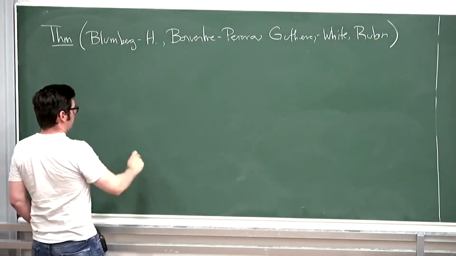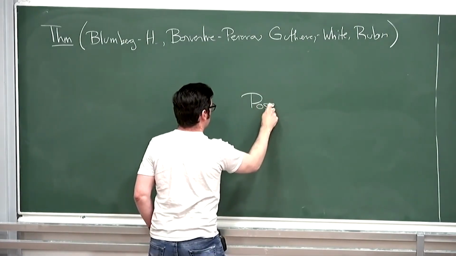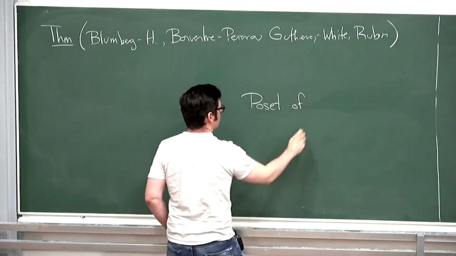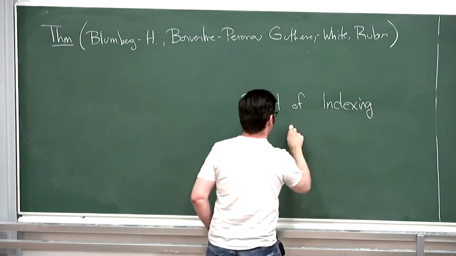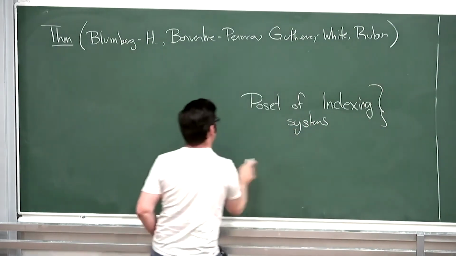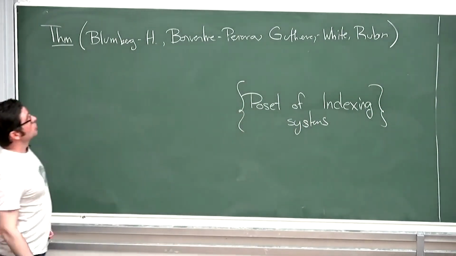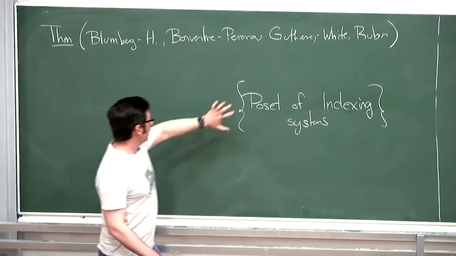And the result is that I have a poset of indexing systems, or equivalently a poset of any of the others. And the poset structure is just inclusion, further refinement in the transfer system. If I have these wide subcategories, they sit inside each other. That's a poset. And that's the target of a functor.